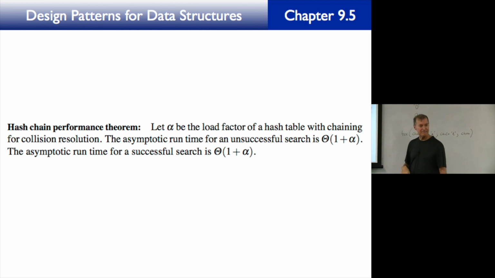If the number of keys is way bigger than the capacity of the hash table. Normally that's not the way you do it, because once it gets that big, you're losing the benefit of having the hash table have performance approximately big theta of 1. Does everybody see how that works?